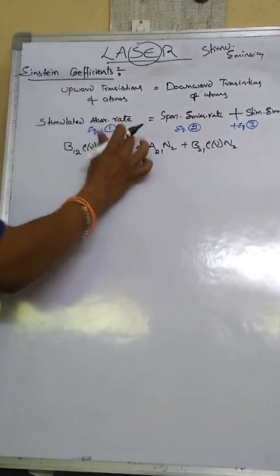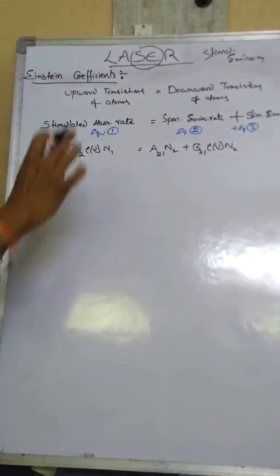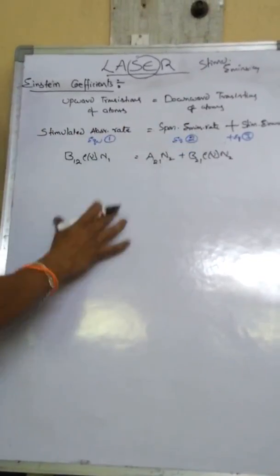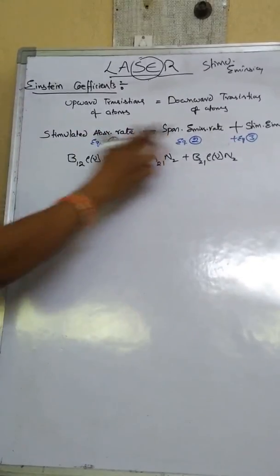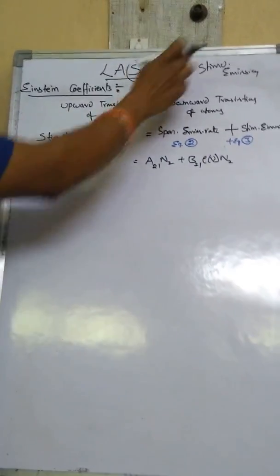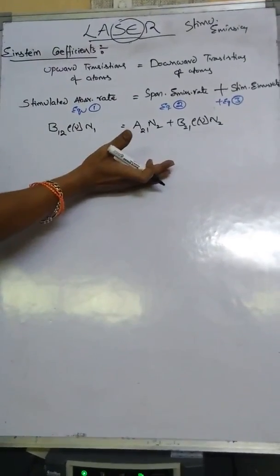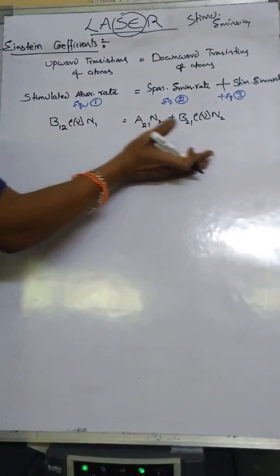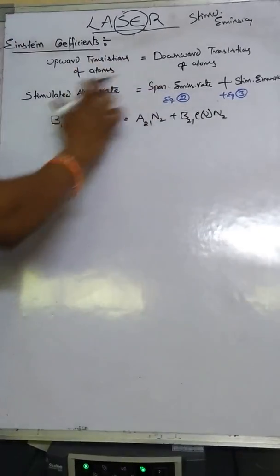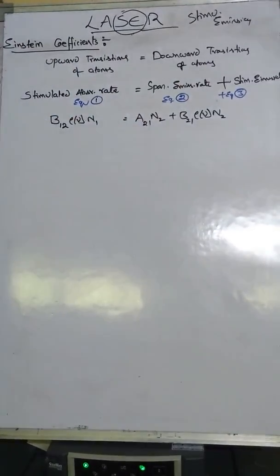If you are able to write this equation, the three parameters are connected by a beautiful principle proposed by Einstein: the atoms which have raised to the higher energy level at some time or another get down back. With this relation, he connected the three equations like this.